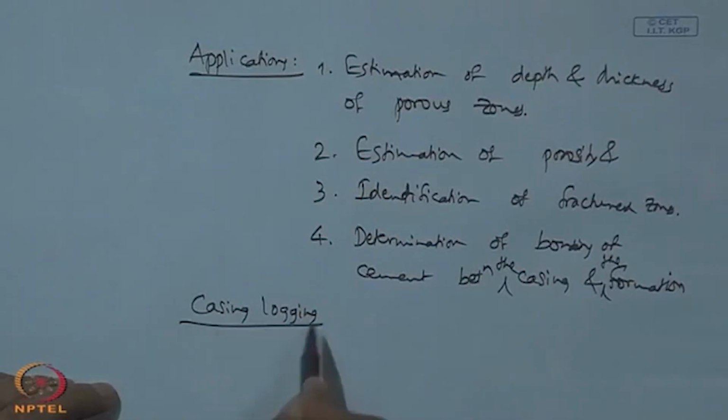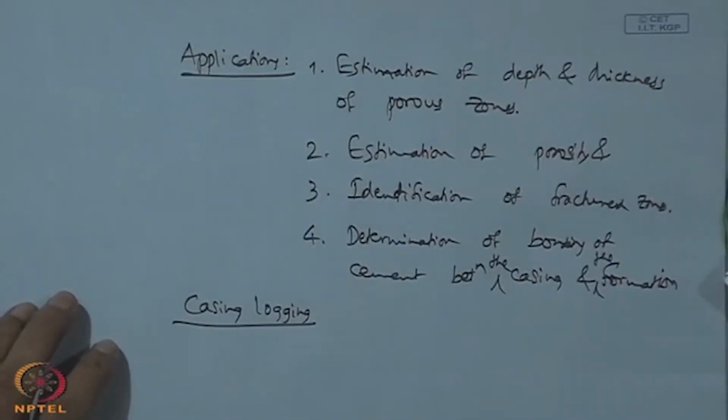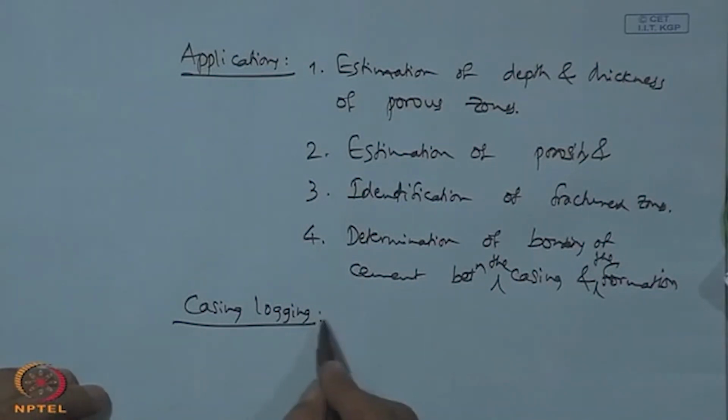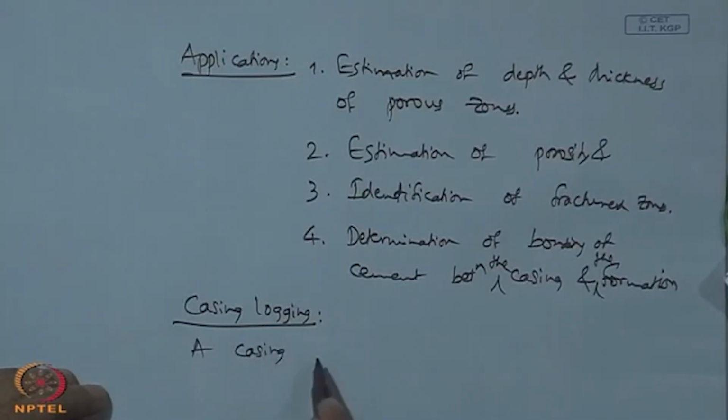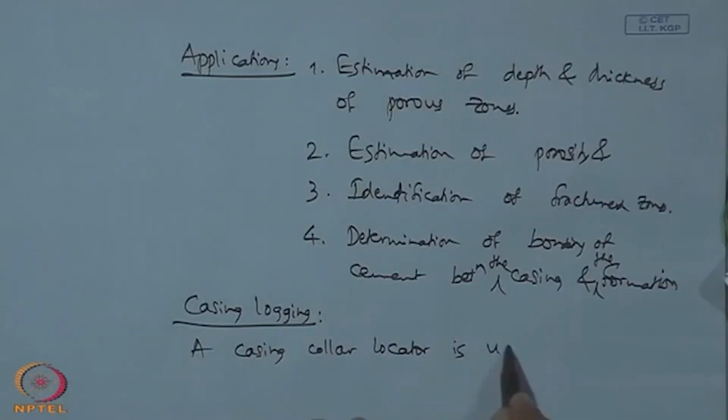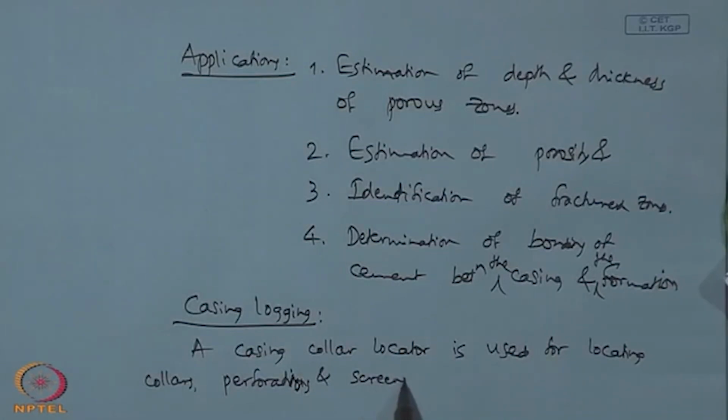And lastly, we will go to this casing logging. Here a casing collar locator is used for locating collars, perforations, and screens in casings.